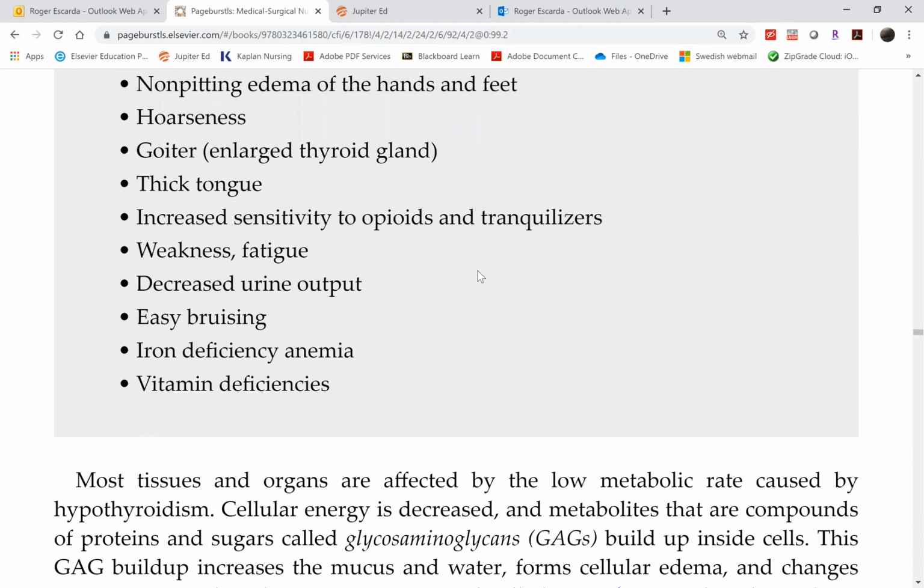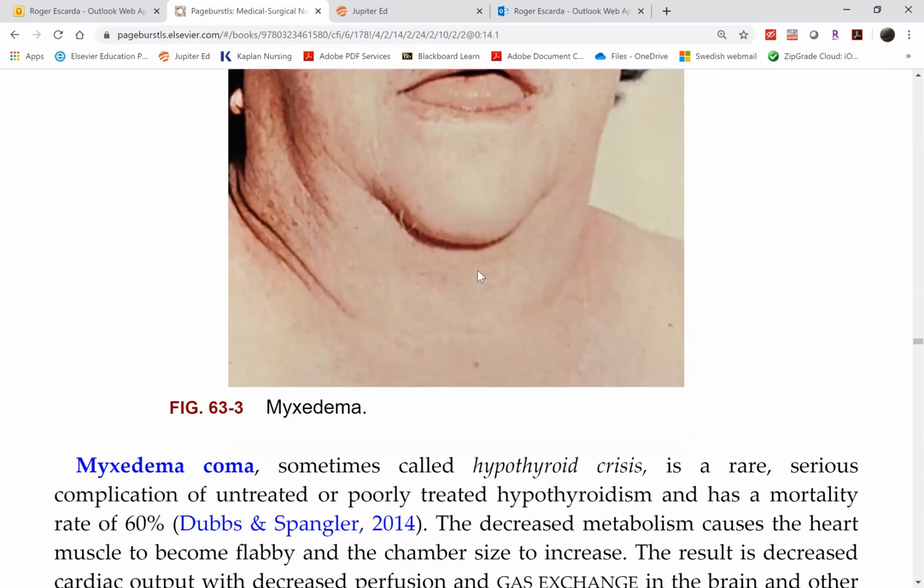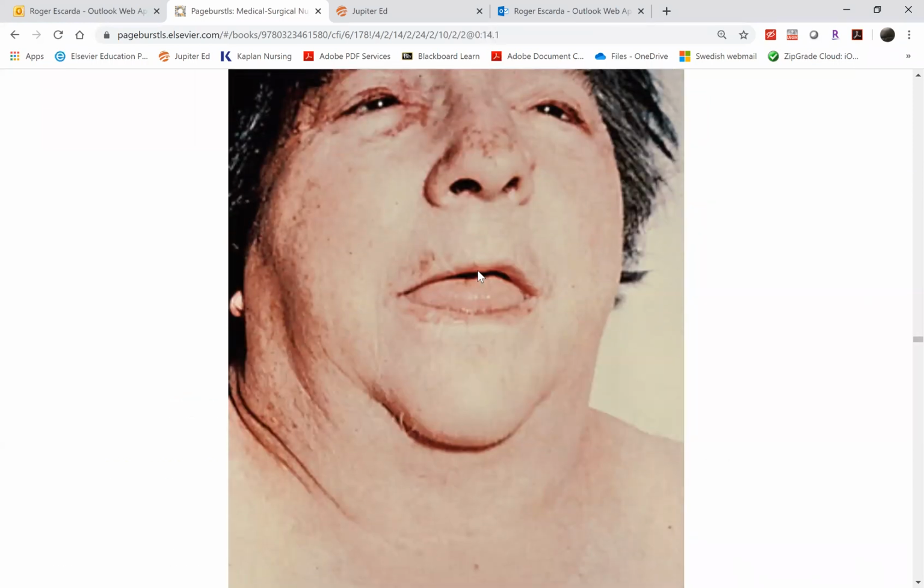Okay, so the goiter here is said to be a result of the high TSH level. Because the T3 and T4 levels are so low, the patient's pituitary gland will continually release TSH, and the continual stimulation caused by the thyroid stimulating hormone will cause the thyroid gland to work overtime. However, it will be futile because no matter how it tries to produce T4, it will be unable to.